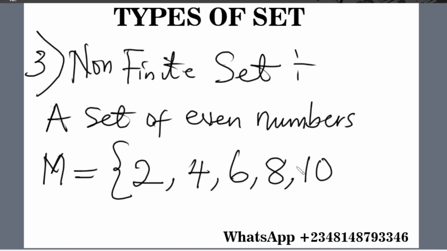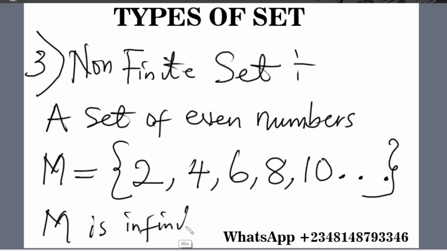So if you continue to list out or write down the even numbers we have, I don't think you will be able to finish up today. So in order to tell that it is a non-finite set, you put your 3 dots to show that it continues and it keeps going. Then you close your curly bracket. So therefore, M is infinite.